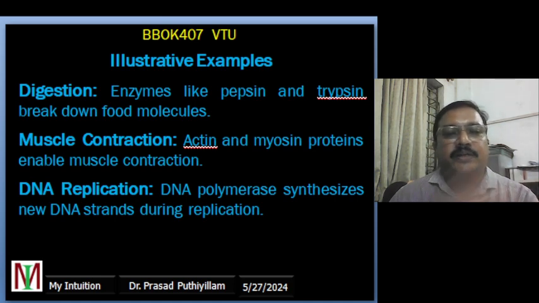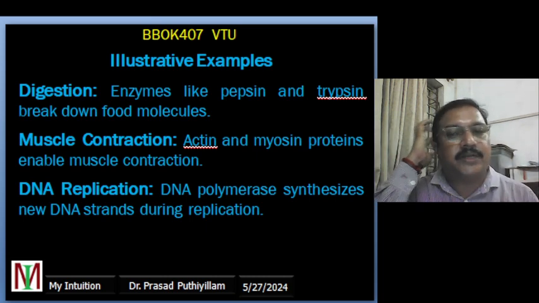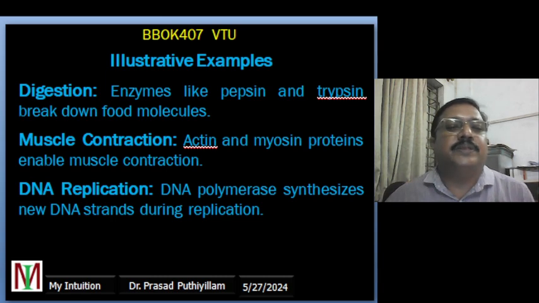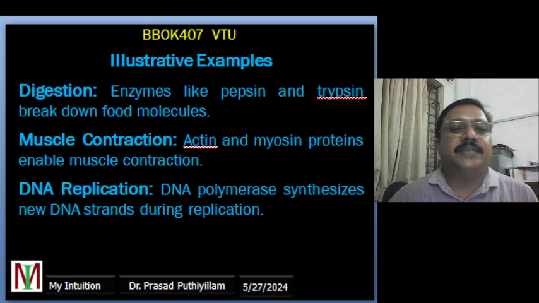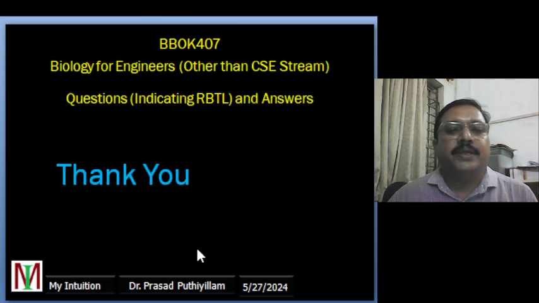Then muscle contraction: proteins such as actin and myosin are responsible for the elongation, expansion and compression of muscle, as well as muscle movements. DNA replication: DNA polymerase is an example of a protein enzyme that synthesizes new DNA strands during DNA replication.